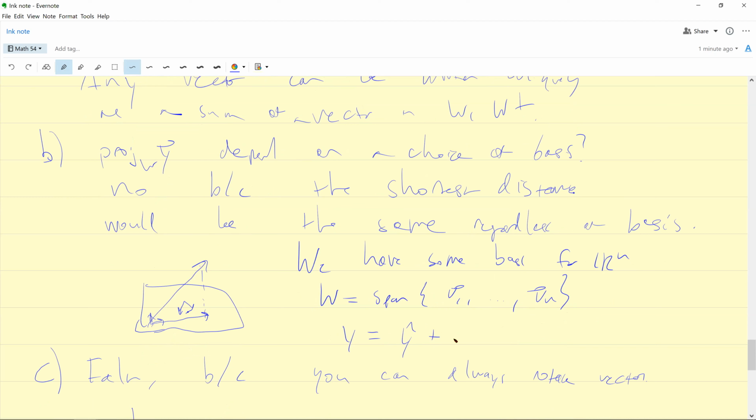If it depended on our choice of basis, we would have different y hats, which doesn't work because then this would no longer be unique. So it doesn't matter which basis vectors you pick, this will always be unique. Different basis vectors have to give you the same y hat.